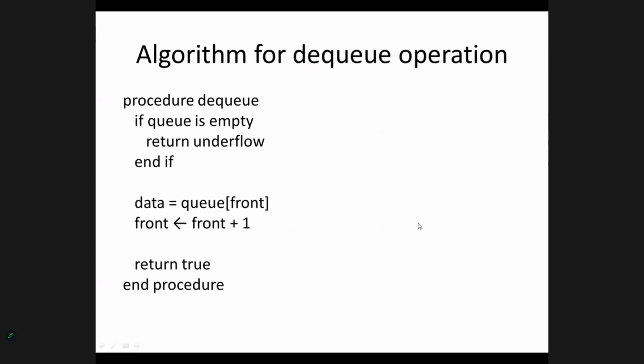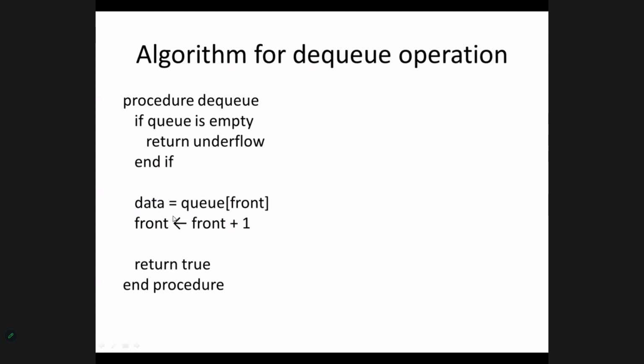So this is the generic algorithm for the DQ operation. Procedure DQ: if Q is empty, return an underflow error. Otherwise, it will assign Q front to data.